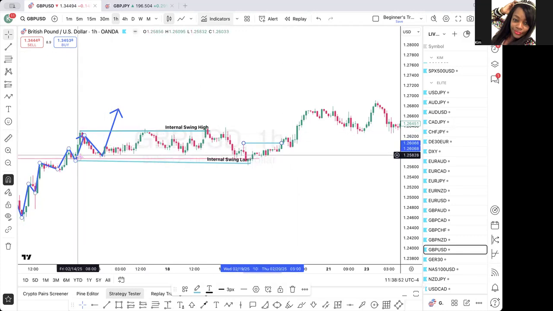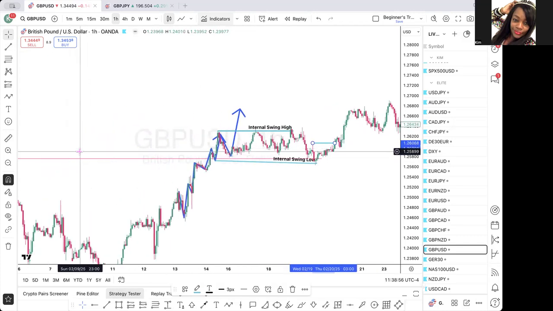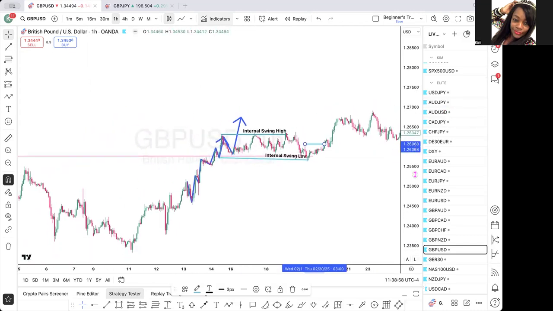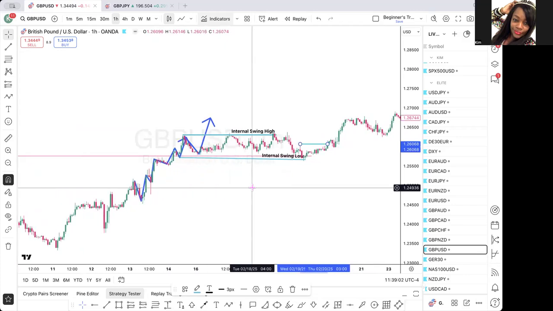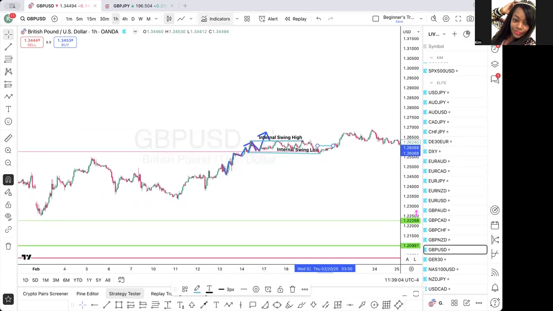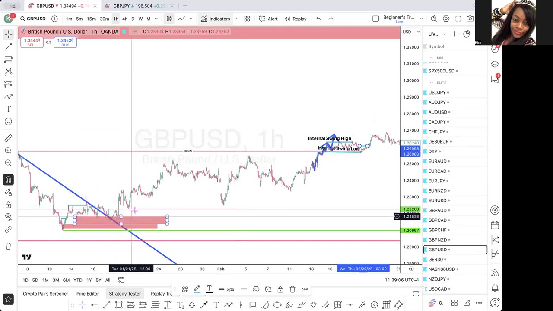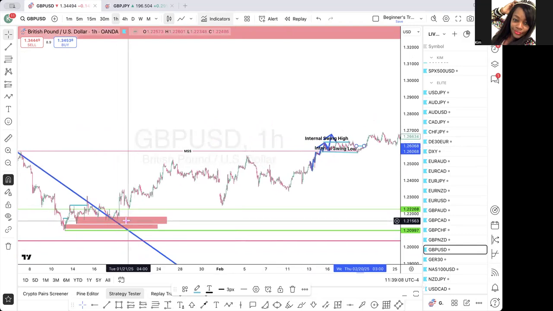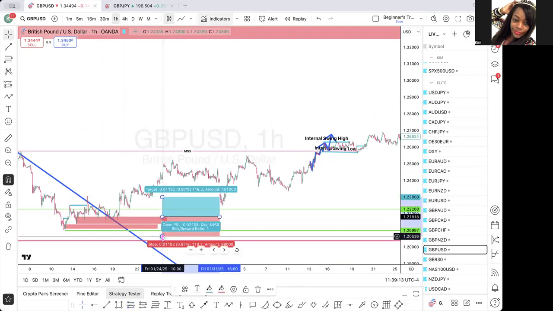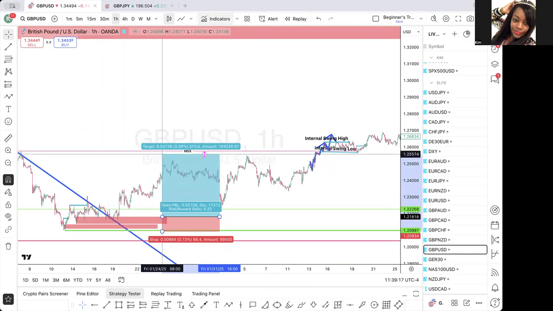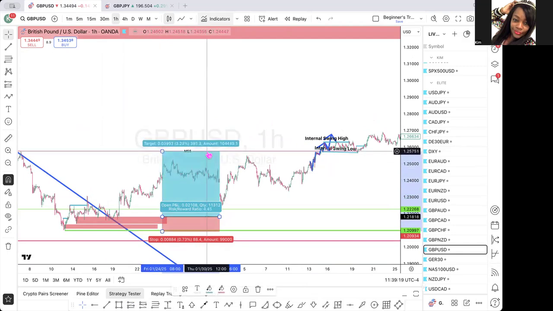So if you got in this trade, if you were in this initial buy, where did we start it from? It was started down here somewhere. If you got in this buy right here, you would be up. And then remember, you're going to set it below here. You would be up currently 393 pips.